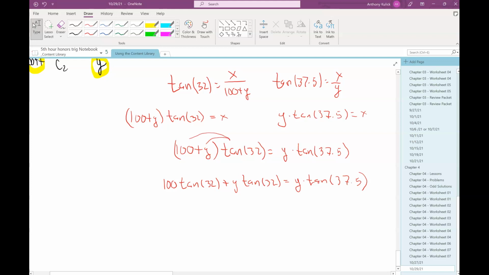I got to get the y's both on the same side. So I'm going to subtract y times tan 32 to the right side. Now that all my y's are on one side, I'm going to factor a greatest common factor of y from the right-hand side.